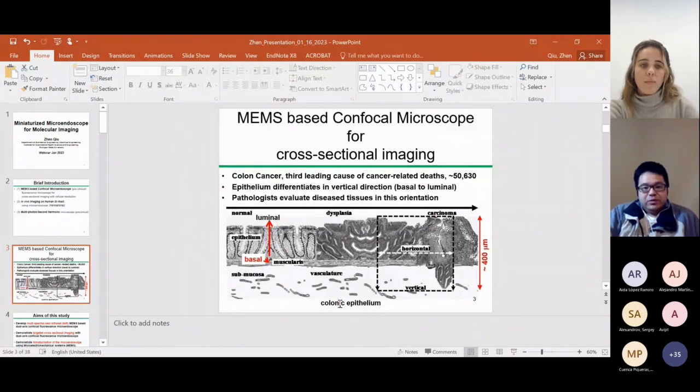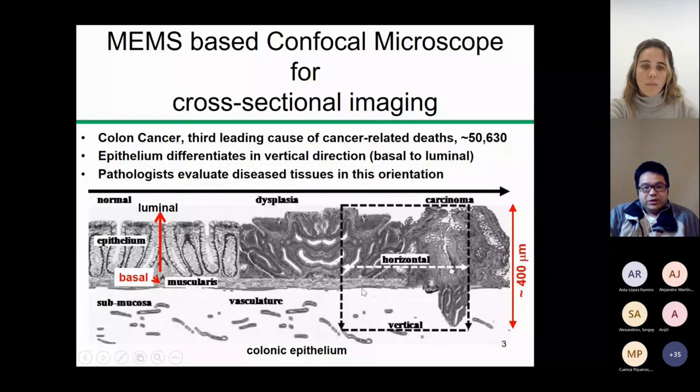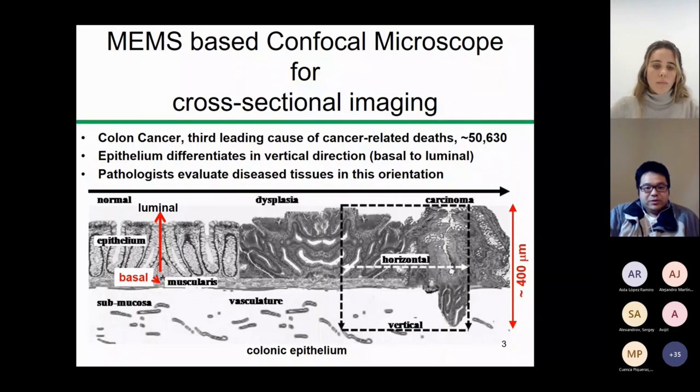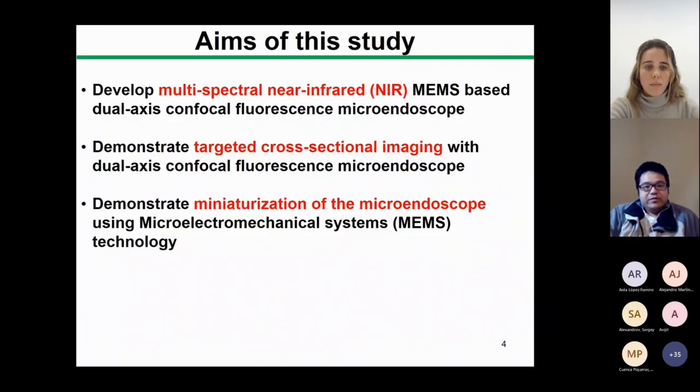In colorectal cancer, this is around 500 to 600 microns deep in the human, starting there and then developing upward. So it's important to see deeper, using a fluorescence targeting imaging modality to show specific binding to the tumor area, with very good contrast between tumor and normal areas. We're developing a multicolor infrared MEMS-based confocal fluorescent microscope with a MEMS scanner.